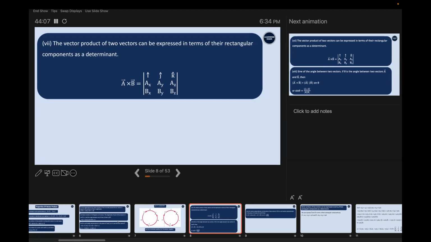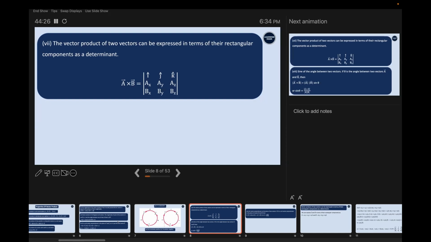Suppose these two are the given vectors, then a cross b can be written in a pattern called a determinant. I'll explain it to you. a cross b is equal to, put two lines like this.